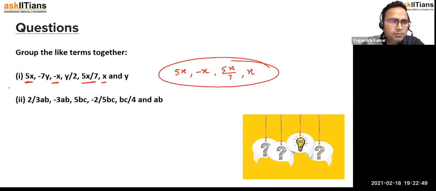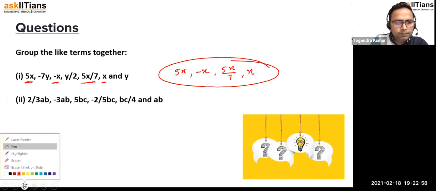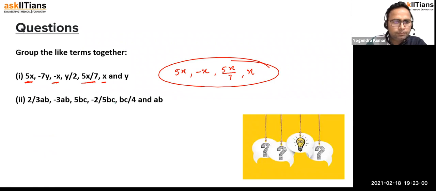These are like terms. Which are the remaining ones left, guys? This one and this one, they are like terms together. The other ones are like together like this.